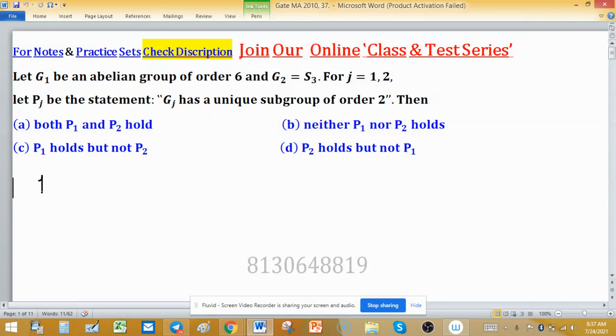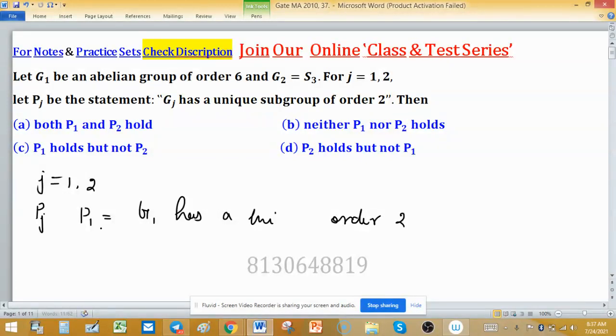Here j is 1 and 2, so P1 is the statement that G1 has a unique subgroup of order 2, and similarly P2 is the statement that G2 has a unique subgroup of order 2.